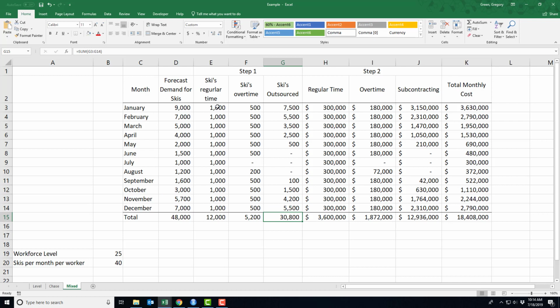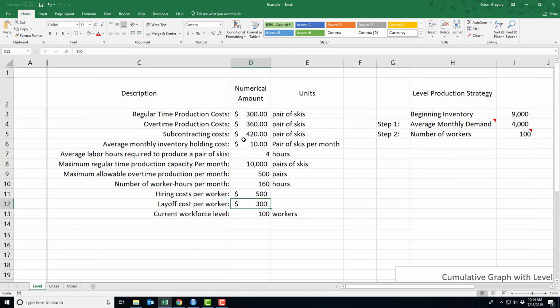All right. Well, each of these categories in step 1 generates a cost in step 2. So in step 2, what do I have to pay for regular time? Regular time pays $300 per pair of skis. While we're here, may as well get the overtime. The overtime is $360.